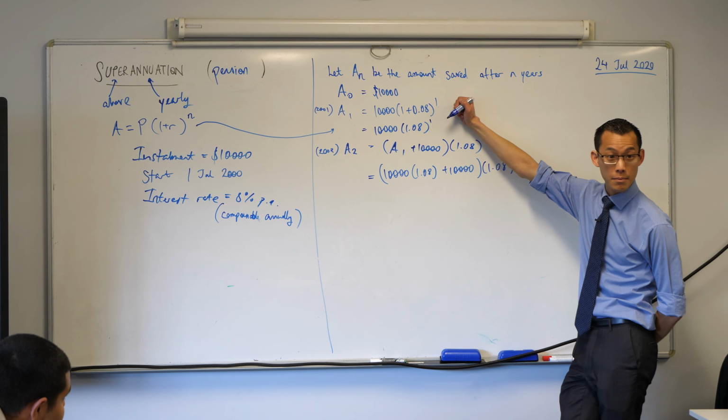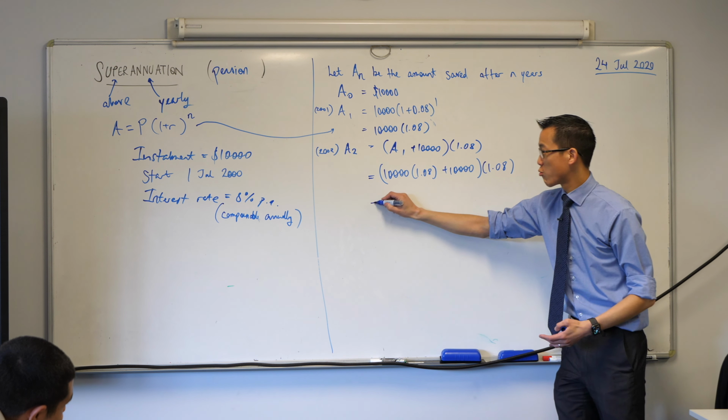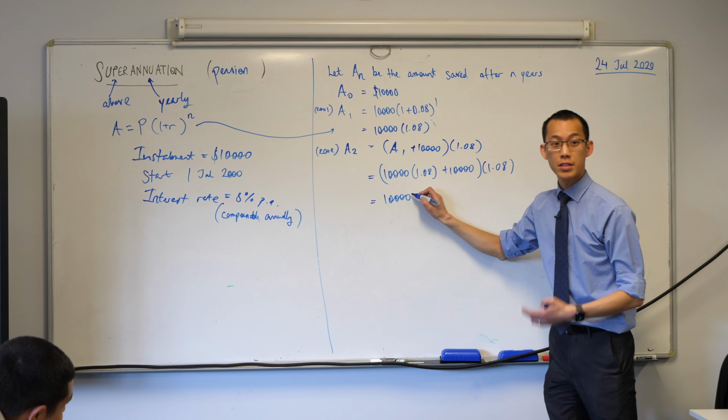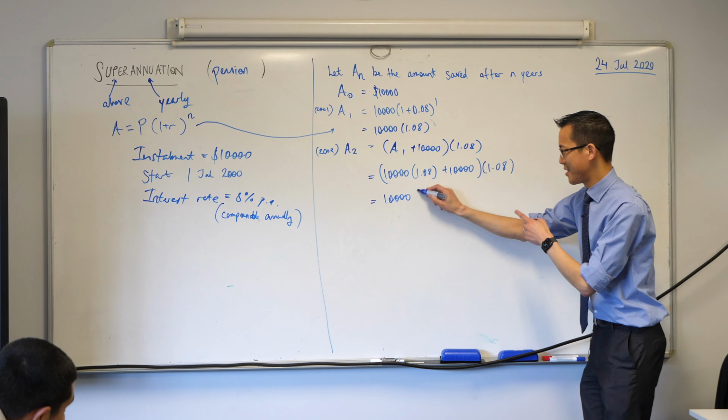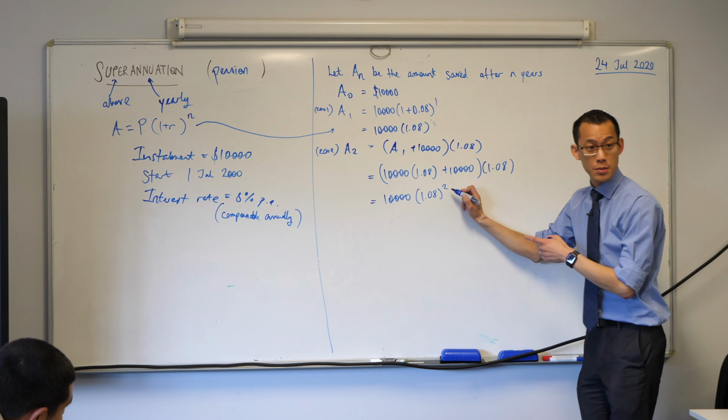So I've got here A1 plus 10,000, then I put this interest on. And even though usually we like things factorized because it's nice and neat, I'm actually going to expand it to clarify what Sophie's talking about. See this 1.08 and this 1.08, index laws, that's really the 10,000 times 1.08 squared. Agree with that? So this is where that power of 2 comes in.